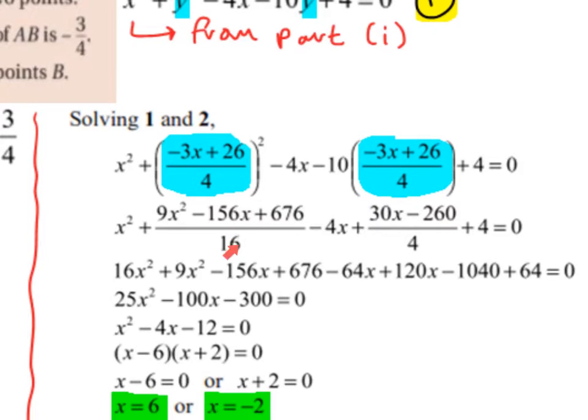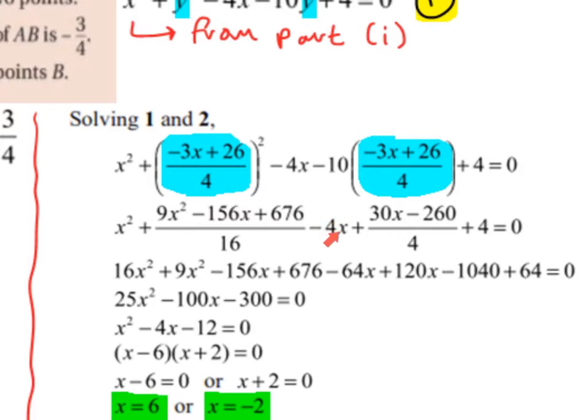So we notice that we have 16 and 4 as our denominators, so the LCM, the lowest common multiple of 16 and 4, is 16, so we multiply each term by 16. So x squared by 16 is 16x squared. Multiplying this entire fraction by 16 just basically cancels out the denominator of 16. So we bring down the 9x squared, the minus 156x, and the plus 676.